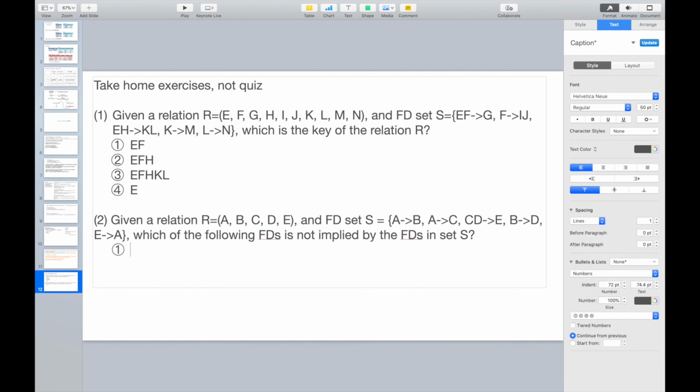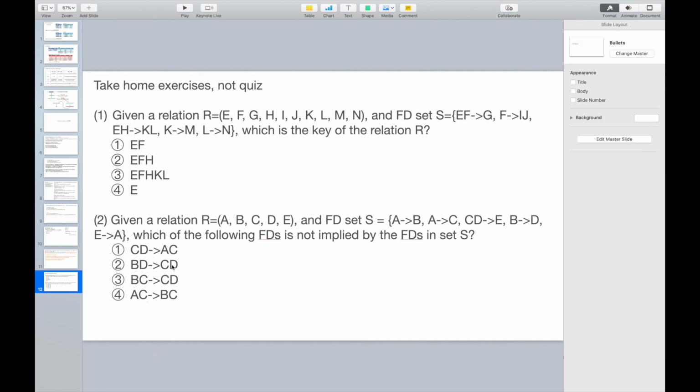The first option we can get is CD implies AC. The second one is BD implies CD. The third one is BC implies CD. And the last one is AC implies BC.